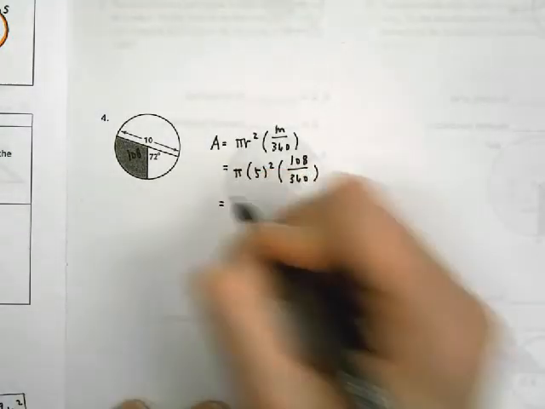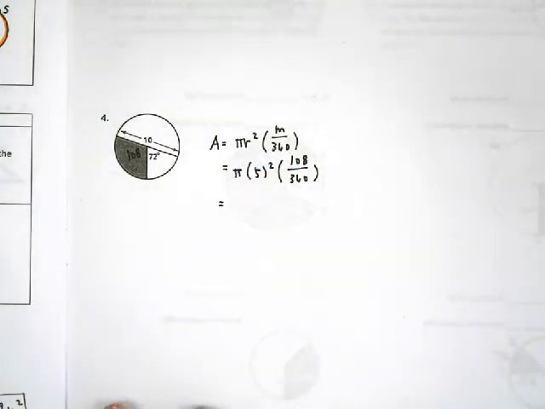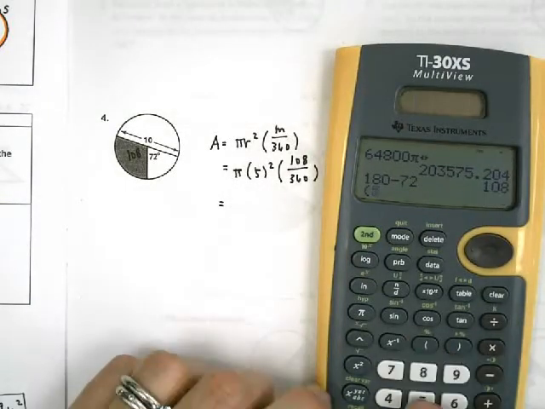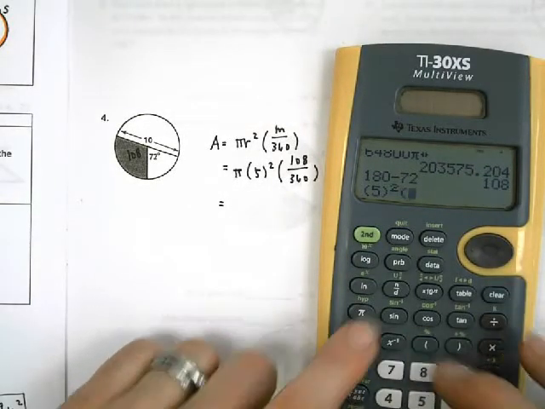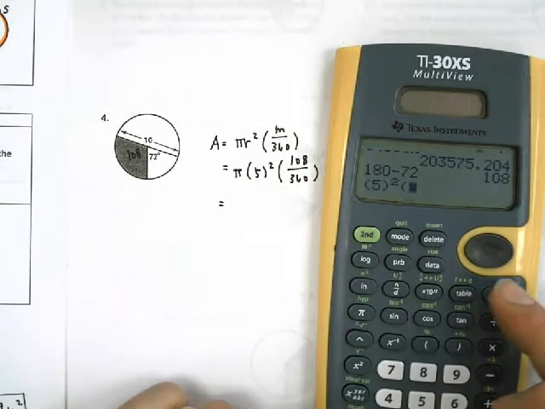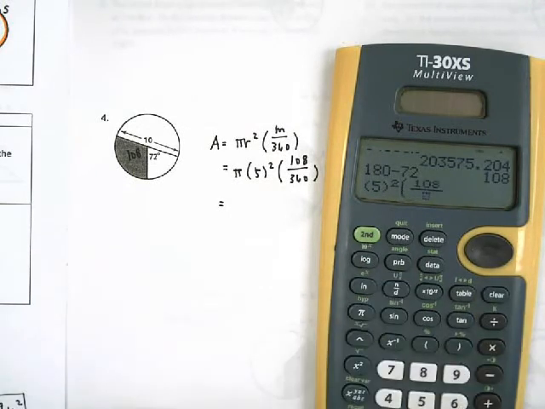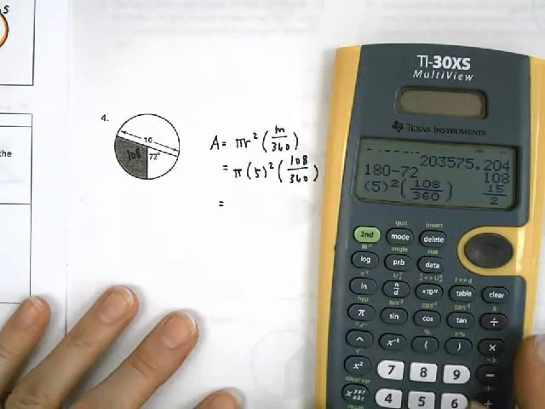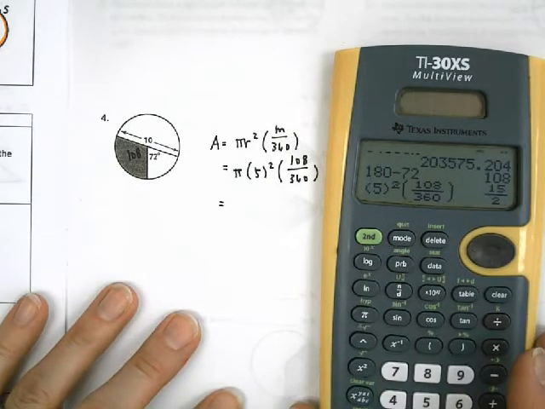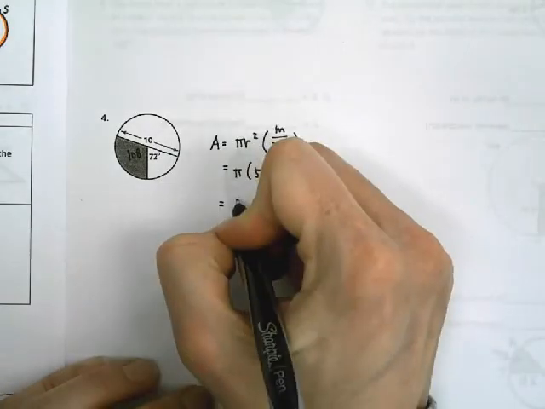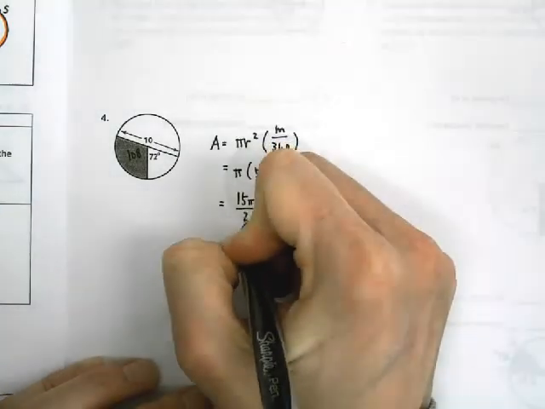Then again, we go back to our calculator. In this one, we will do exact and rounded to the 100th. So I have 5 squared times 108 over 360. So I get 15 over 2, and then I remember to multiply by pi, so I'm going to get 15 pi over 2.